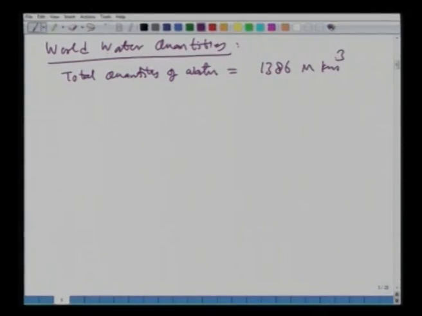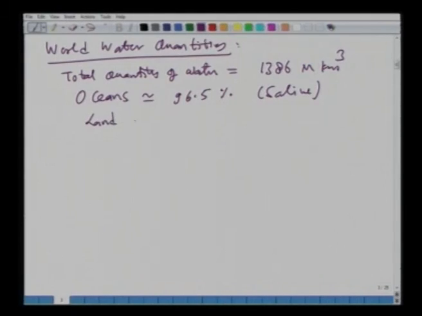This includes all the water that is available on the earth. We know most of it is contained in oceans, which is approximately 96.5%. And as you know, sea water is saline and it is not useful for human consumption or for any useful purpose for that matter.